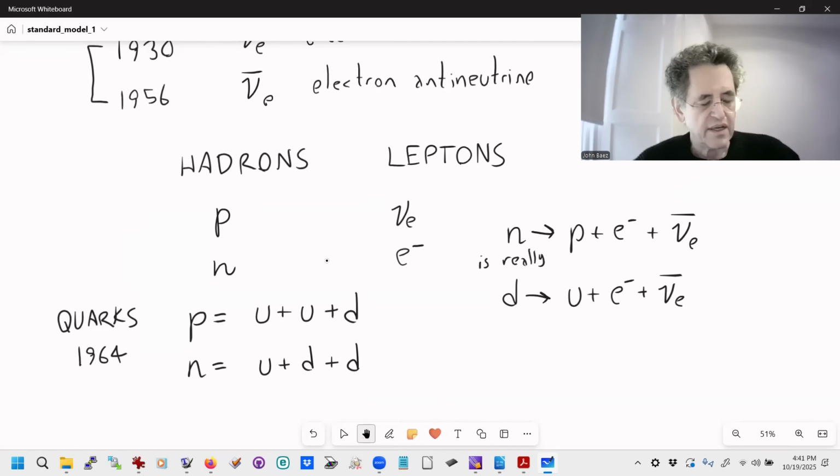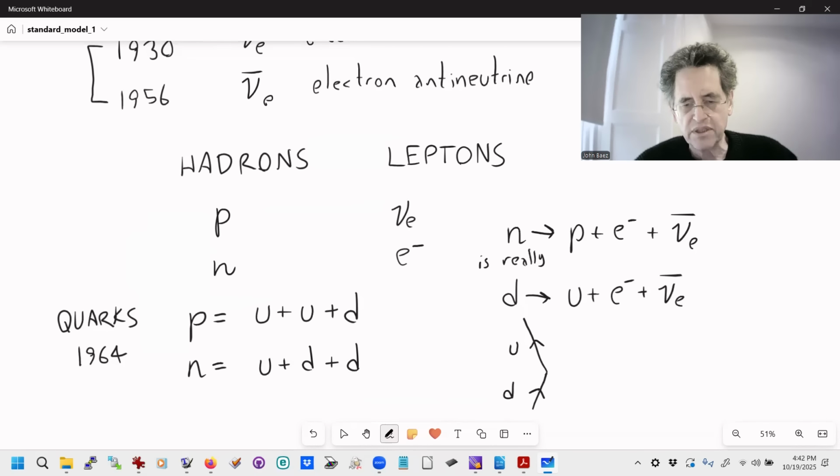However, we know that this second process here is actually not really what's going on quite either. It's part of the story, but let me draw the whole story. Let's draw it as a Feynman diagram, then you'll see what's going on here. So we have this down quark coming in, it turns into an up quark, but it does not instantly emit an electron and an antineutrino at the moment that that happens.